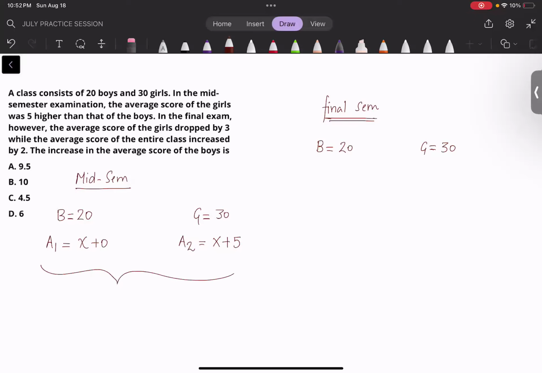And now apply the same concept which we have learned previously and answer please. What is the overall average? I'm not asking boys. I'm not asking girls. What is the overall average? X plus what? I know it will be X plus something, but X plus what?